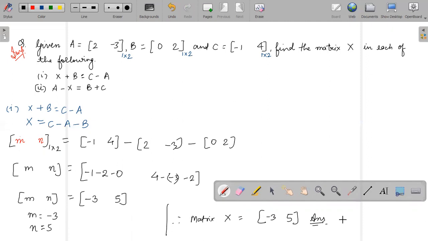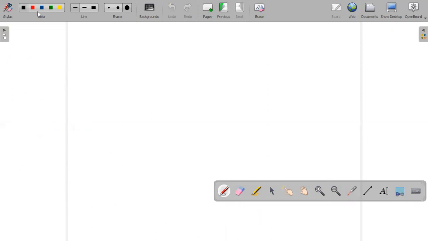Very very simple. सेकेंड वाले क्वेश्चन को करते हैं, वो भी बिल्कुल वैसे ही करेंगे.